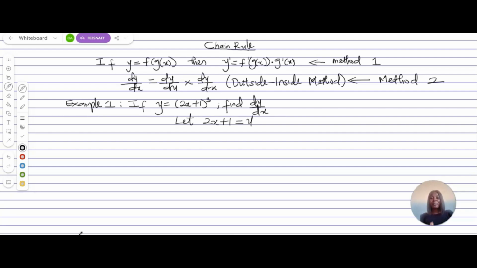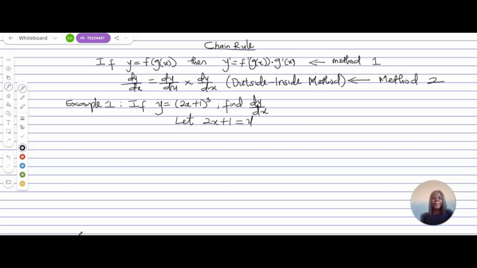I'm assuming this myself, it's not like I was told. You can make it any letter you want, but just be careful that when you're writing the formula, you are using what you chose. Also be careful not to use the variables you're given, x and y. You have to use something else, so it's best to just stick with u and be good.